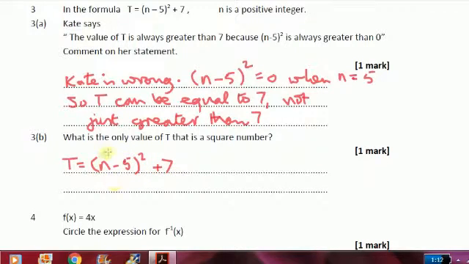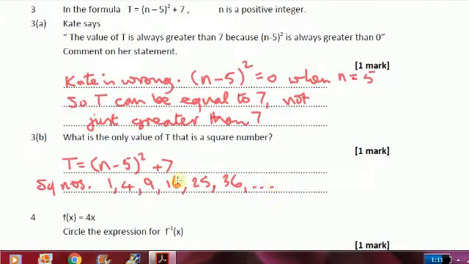So this is all about square numbers, so let's write down the first few square numbers to help us see how we can approach this question. Square numbers begin with 1 times 1, which is 1, 2 squared is 4, 3 squared is 9, 4 squared is 16, 5 squared is 25, next one is 36, and so on.